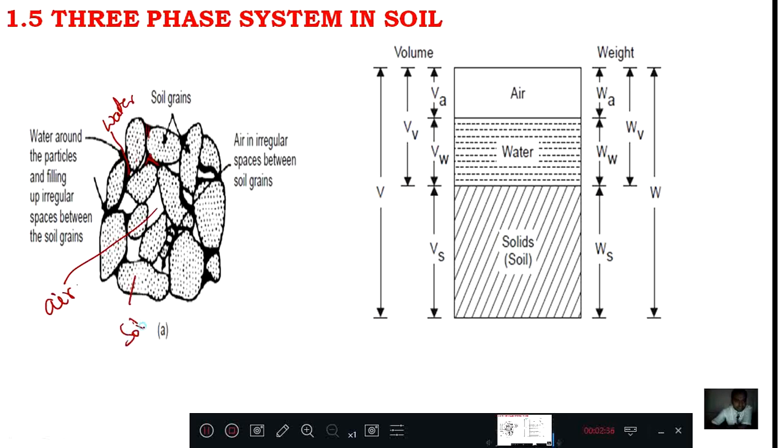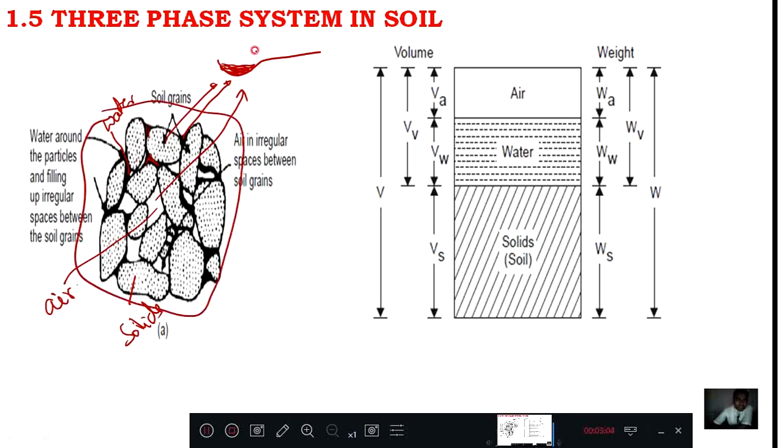When you hold some amount of soil in your hand, see, this is your hand, and when you bring some soil from a field, this soil will consist of particles, and it will consist of water also, and the soil may have some voids inside also. Therefore soil is not only the particles.